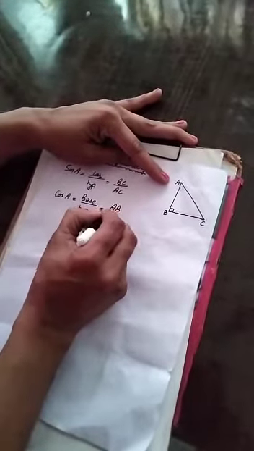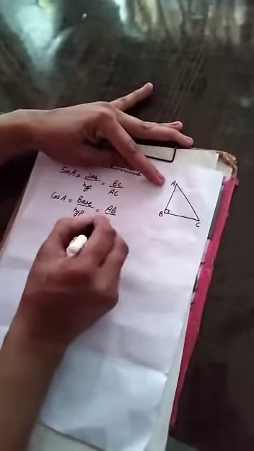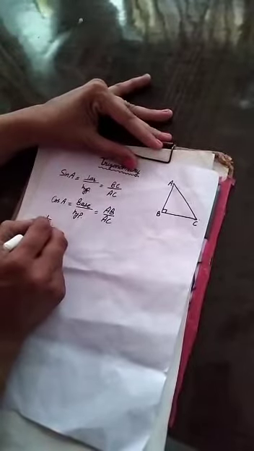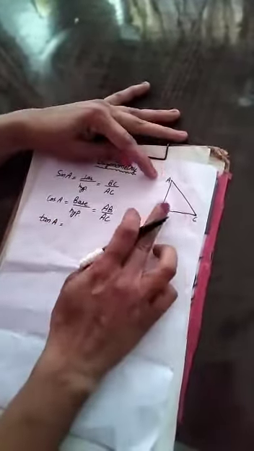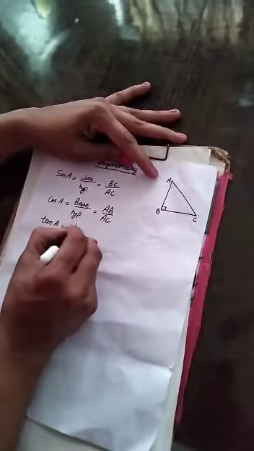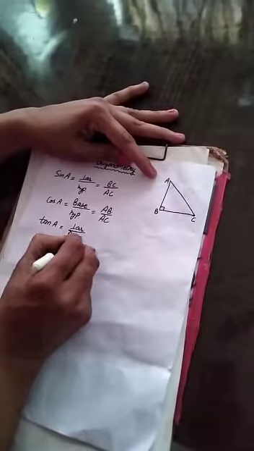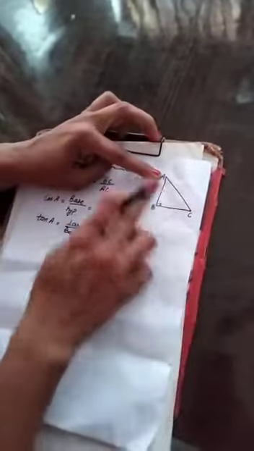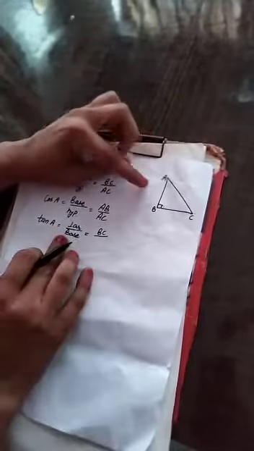AB over hypotenuse, I have already told you, AC. AB over AC. Now if we talk about tan A, what is tan A? Tan A is perpendicular over base. Perpendicular we have done is BC, base is AB.